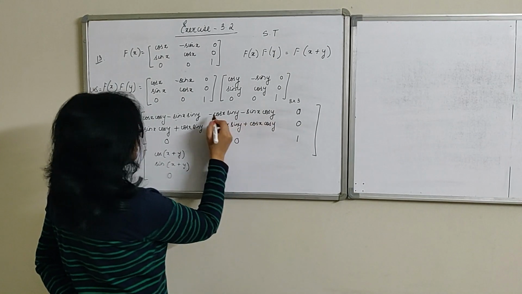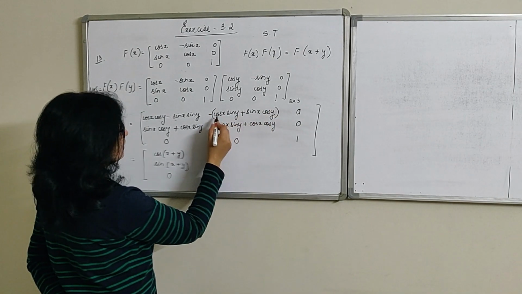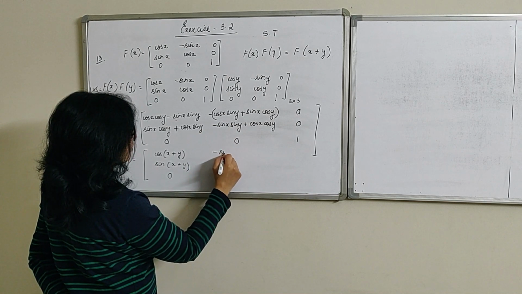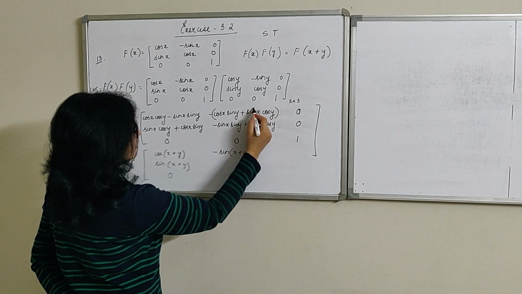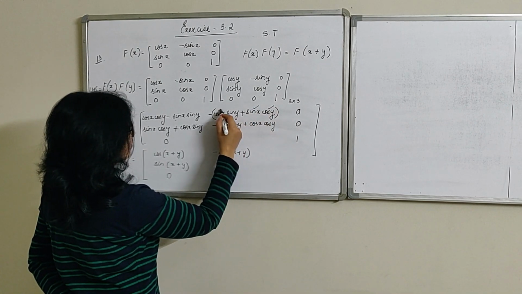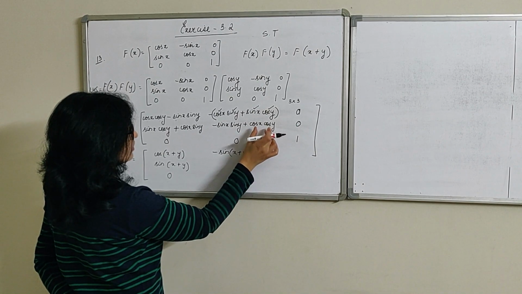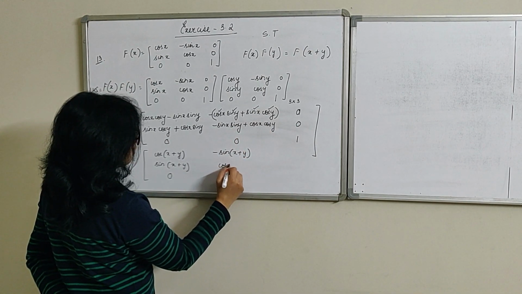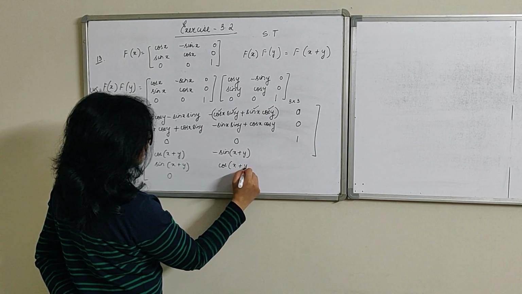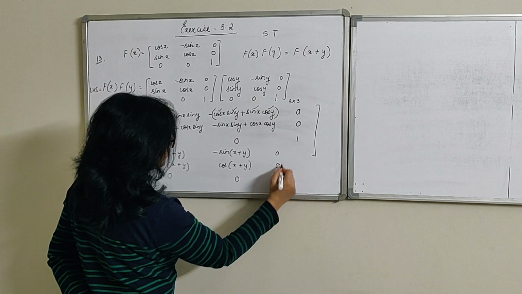Over here, if we take minus sign common, then this is the formula for minus sine x plus y. Sine x plus y is sin x cos y plus cos x sin y. Over here, if we take this as the first term, cos x cos y minus sin x sin y, this is the identity for cos x plus y, 0. Here are the elements 0, 0, 1.